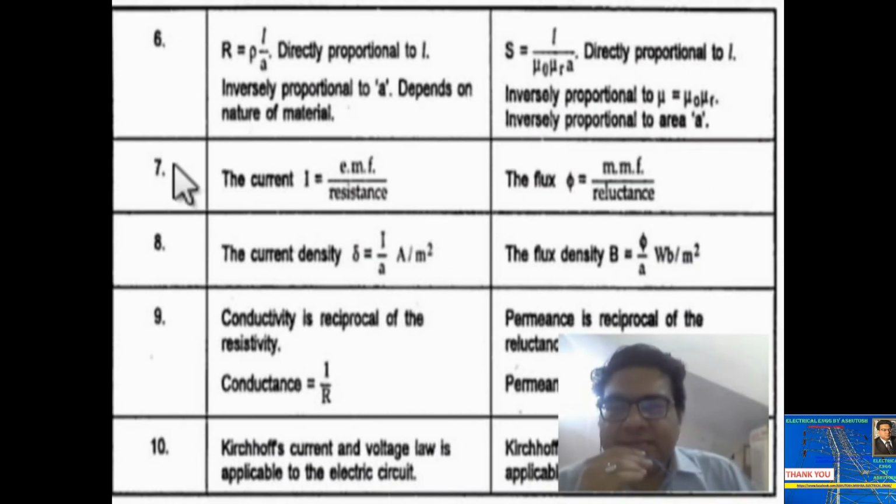And then point 6, resistance is directly proportional to the length of wire, inversely proportional to the cross-sectional area A, and it depends on the nature of material.